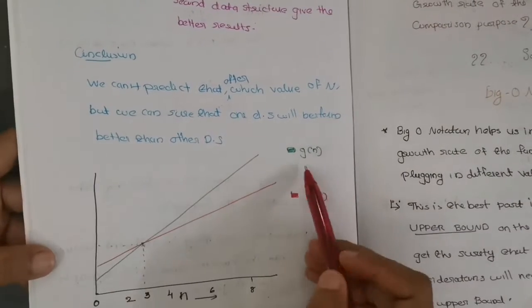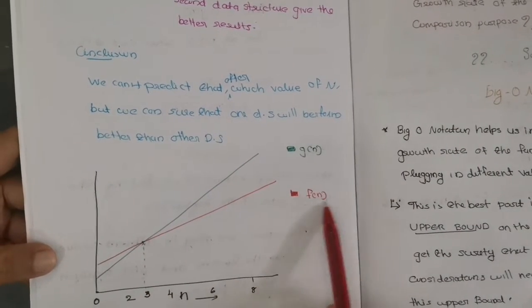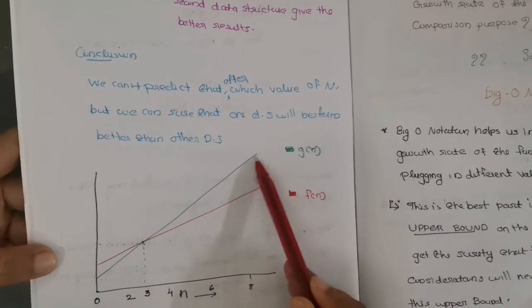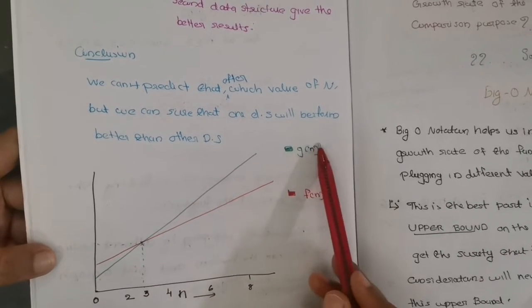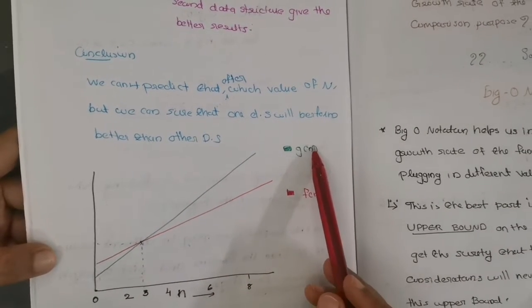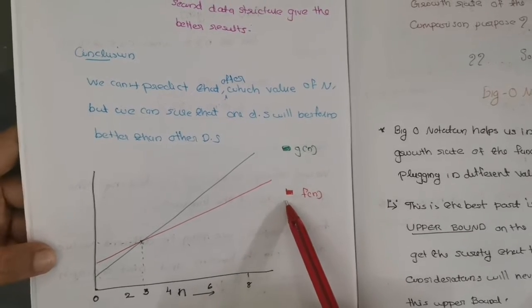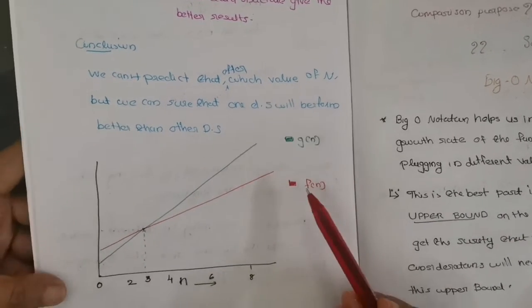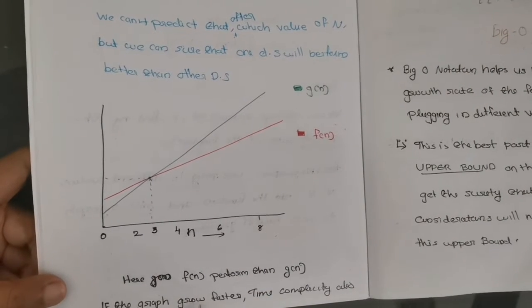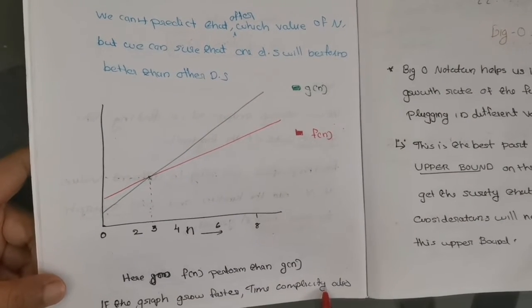That means we get the upper bound. Beyond 3, that means any number greater than 3, g of n will be greater and f of n will be lesser. We know the value. So this is what we can analyze here: if the graph grows faster, the time complexity is also higher.